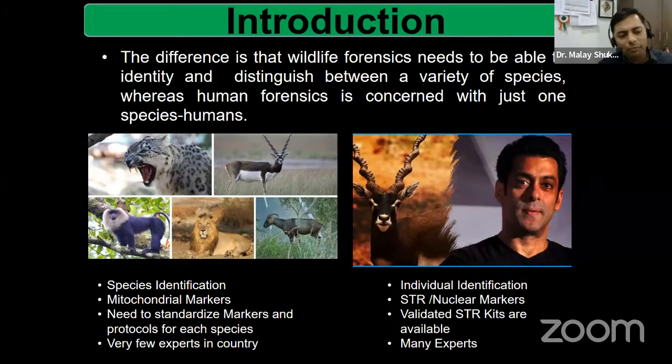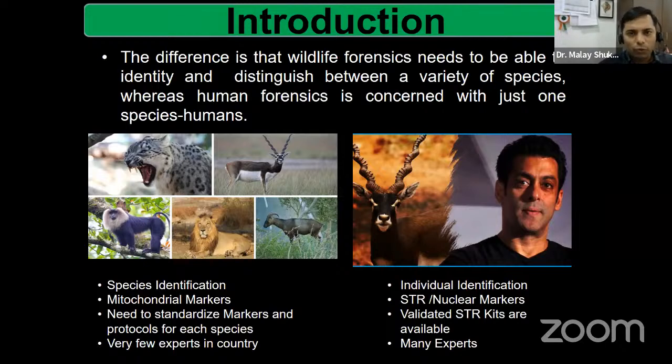Now, talking about wildlife forensics, as I told, we need to establish the species identity. For species identity, there is a universal set of markers. We call them mitochondrial markers, like cytochrome B, 12S, 16S, or we can use other morphometric techniques. Whenever a case is received, we are required to analyze it and treat it as an independent case, since a new challenge pops up each time in wildlife forensics.